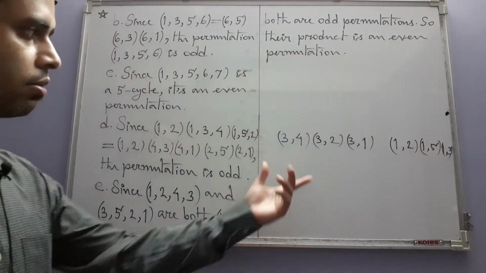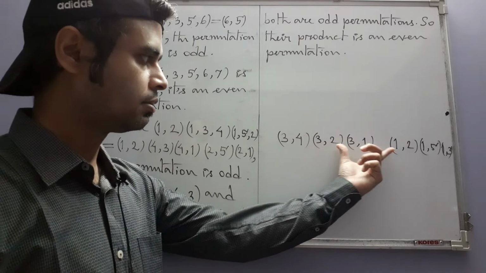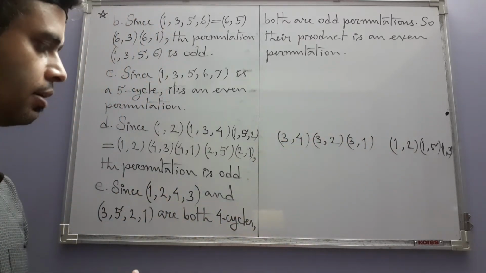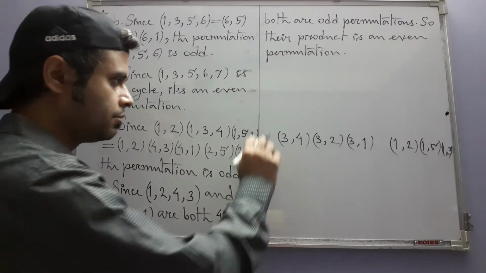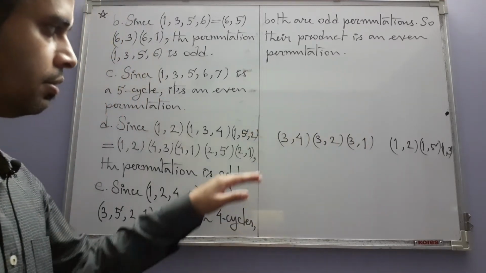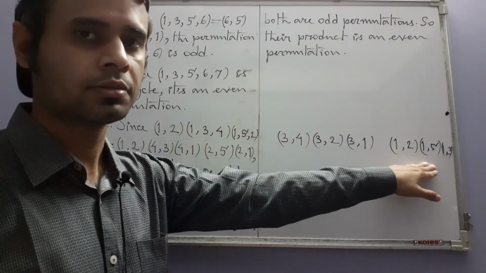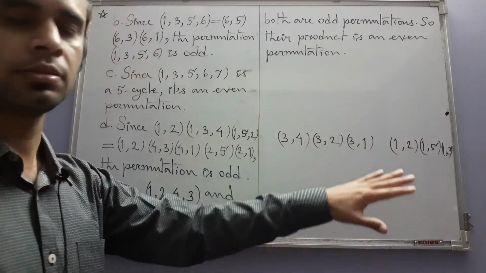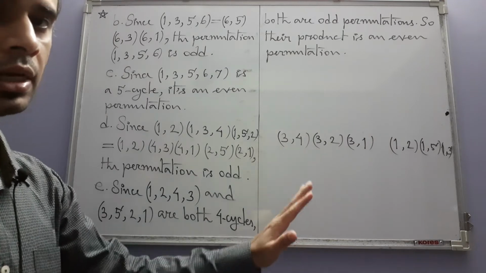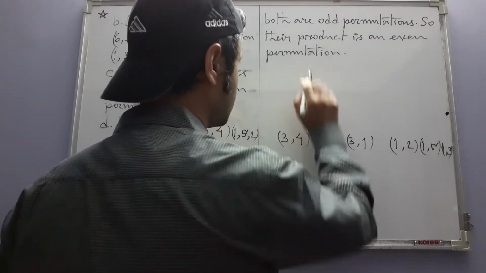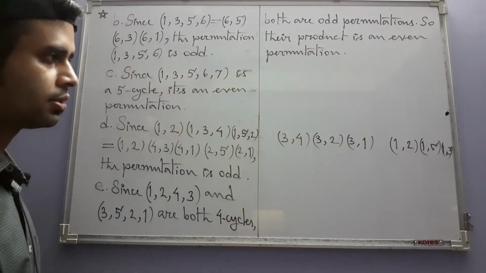So because of the oddness of these numbers 3 and 3, individually the cycles are odd. However, when you consider their product, that product can be written like this: a product of 6 2 cycles, and that number 6 is even. So that's why the product is an even permutation.